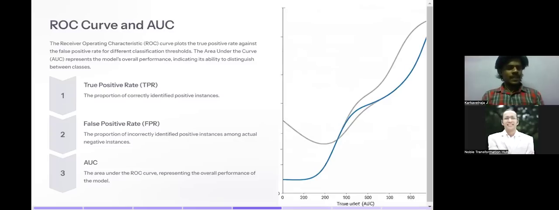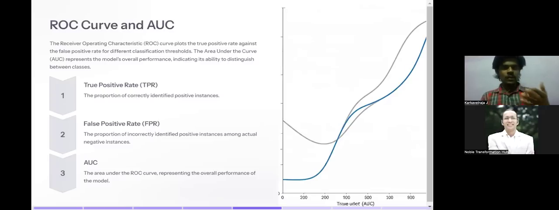The receiver operating characteristic, that is the ROC curve, plots the true positive rate against the false positive rate for different classification thresholds. This is why I asked you to look into the previous session, where we explained true positive and false positive. True positive means a positive prediction which is done correctly, whereas false positive means a positive prediction which is done falsely.